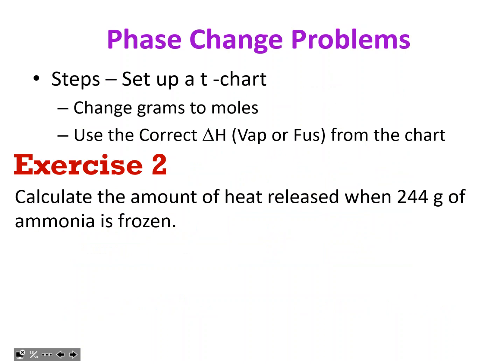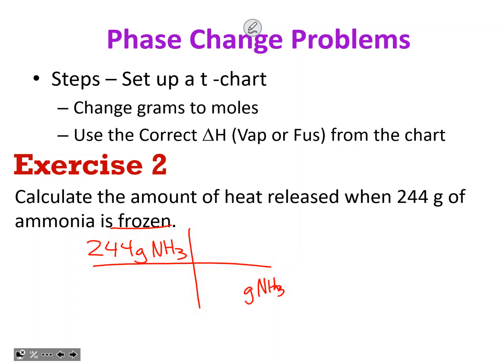So for example, we have 244 grams of ammonia. And we want to figure out how much is released when it's frozen. So before I can use my heat of fusion, because it's freezing, the first thing I need to do is change it to moles. So this is 17.04 grams equals 1 mole. Now I can use my heat of fusion number.